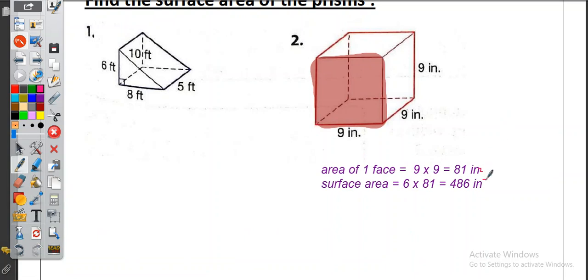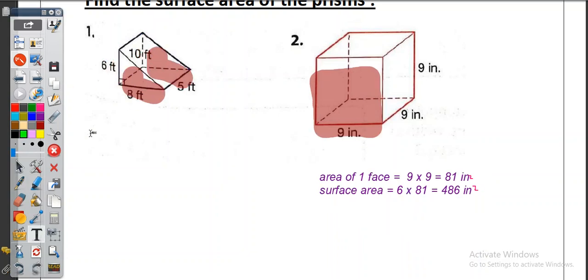Okay, what about finding the surface area of this shape? Well, imagine that we have a face here and another face back. So those two faces are equal. It's enough to find the area of one of them. So we will say area of one triangle.